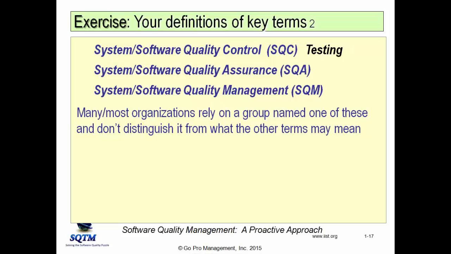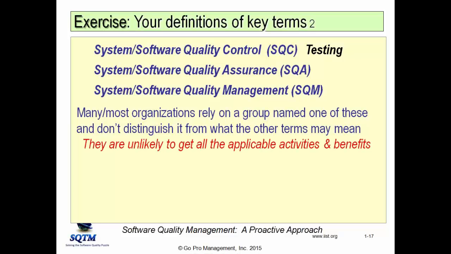Now, the most common that I encounter is that folks are called QA, but what they're actually doing is primarily testing. And I find that some organizations do have separate testing and quality assurance groups. Many organizations don't. Now, here's the issue.